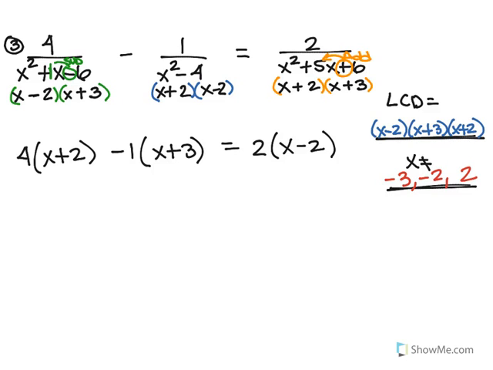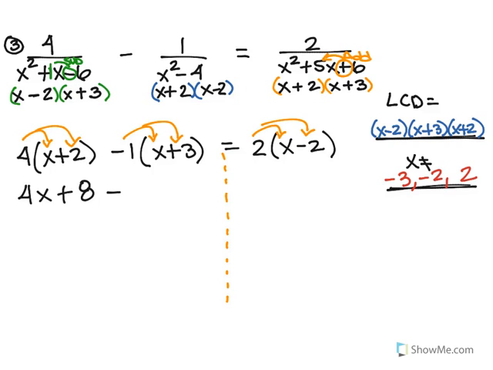Okay. So we're going to distribute. That's going to give us what? 4x plus 8 minus 1x minus 3 equals 2x minus 4.